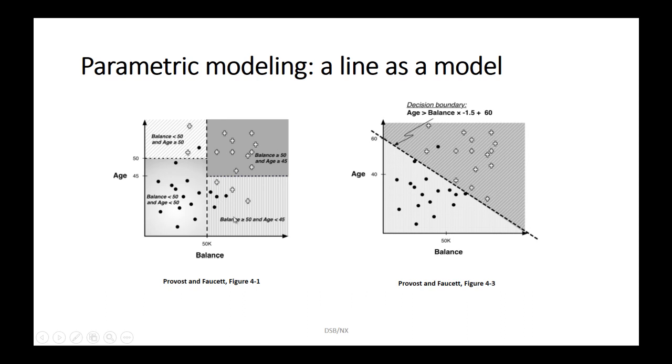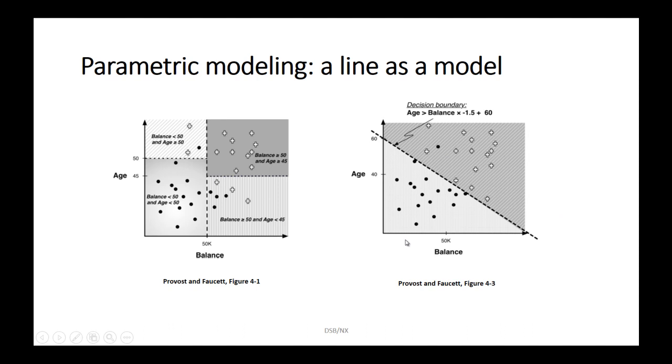Now, if we are not limited to using only vertical or horizontal lines, by visualization on the graph on the right, we can use a line like this to partition the space into two segments.